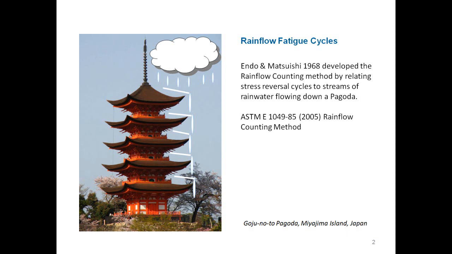They published a paper in 1968 where they developed the rainflow counting method by relating stress reversal cycles to streams of rainwater flowing down a pagoda. You can see the different streams of water coming down the various roof sections, and they intersect one another and drip down in a certain pattern. This became the inspiration for Endo and Matsuishi's rainflow cycle counting method.